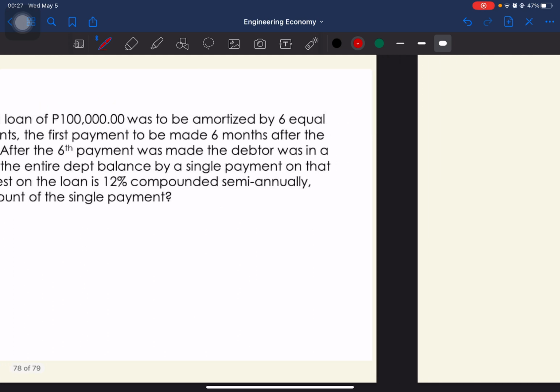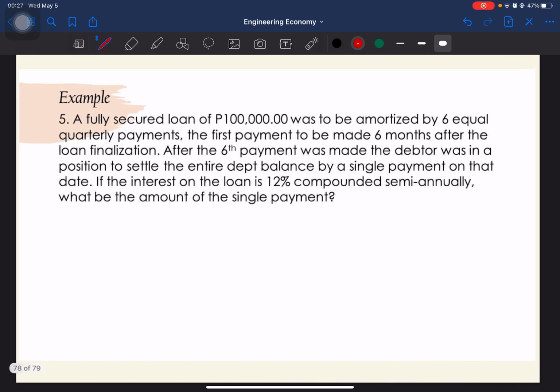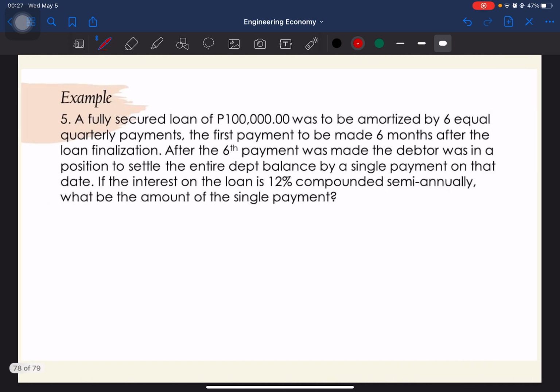And for the, I think this is the last, wala na. For the last example, a fully secured loan of 100,000 was to be amortized by 6 equal payments or quarterly payments. Ibig sabihin every 3 months. The first payment to be made 3 months after the loan finalization.